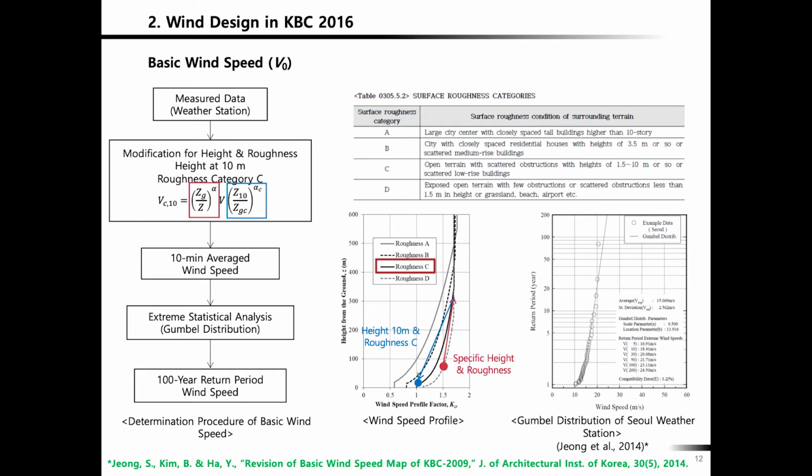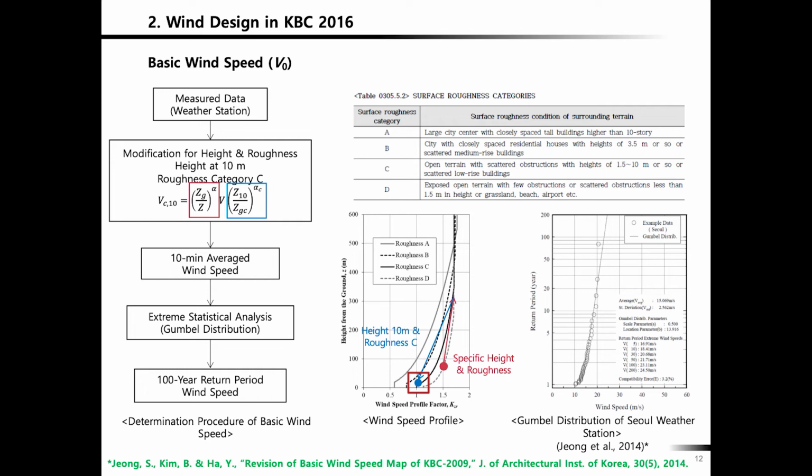Anyway, the wind speed profile factor is related to wind speed. That way you can give a general 10-minute average wind speed, a normalized wind speed for every region.